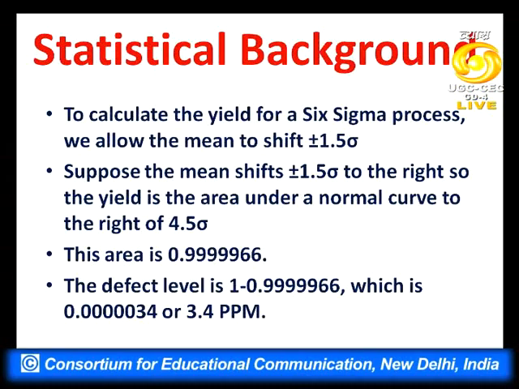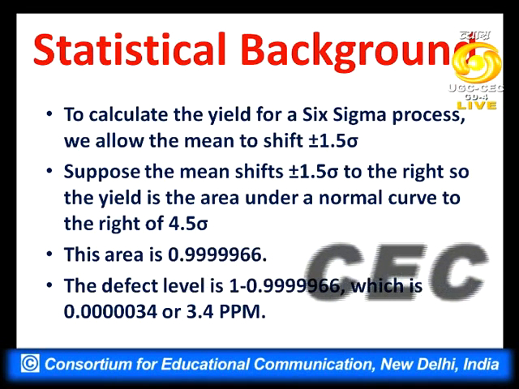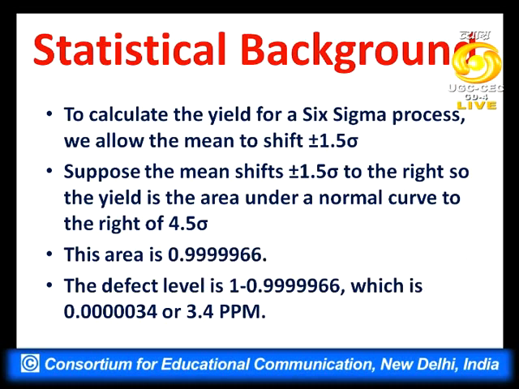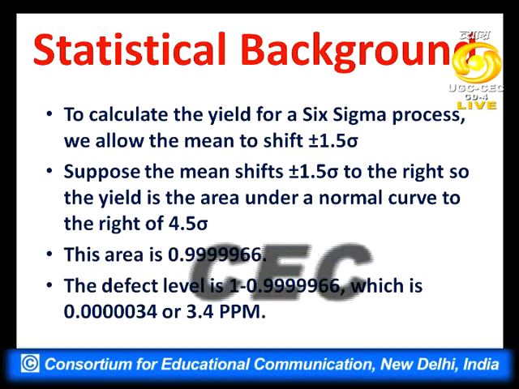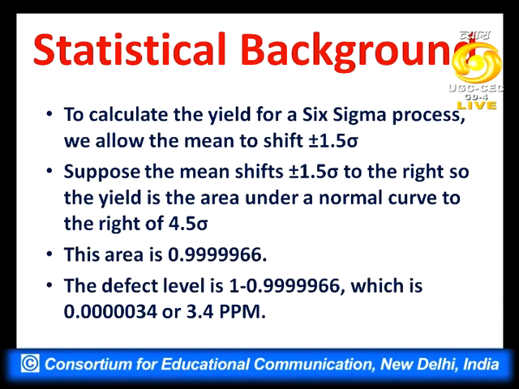To calculate the yield for a Six Sigma process, we allow the mean to shift plus minus 1.5 sigma as we have discussed earlier. Suppose the mean shifts by 1.5 sigma to the right. So, the yield is the area under a normal curve to the right of 4.5 sigma, and this 4.5 has come by subtracting 1.5 from 6 sigma level, as we are now maintaining a shift in the mean value.